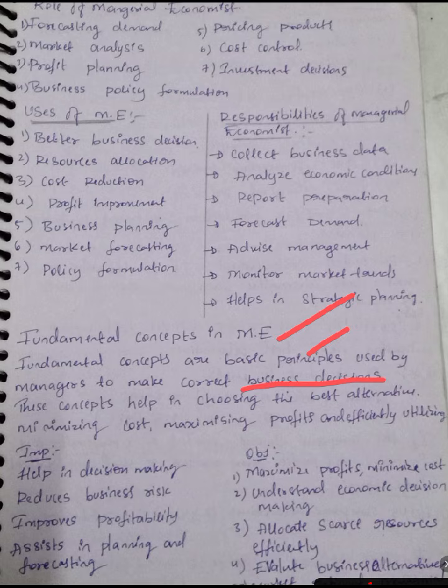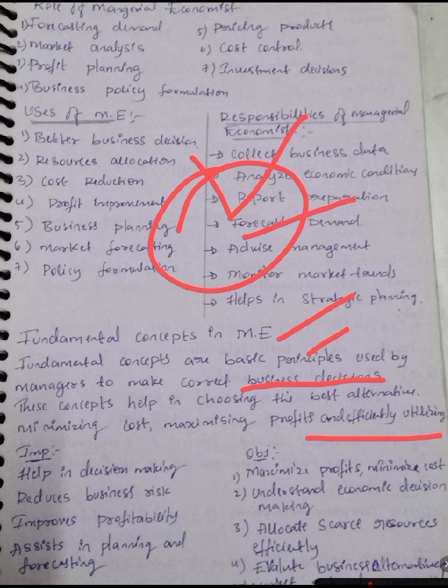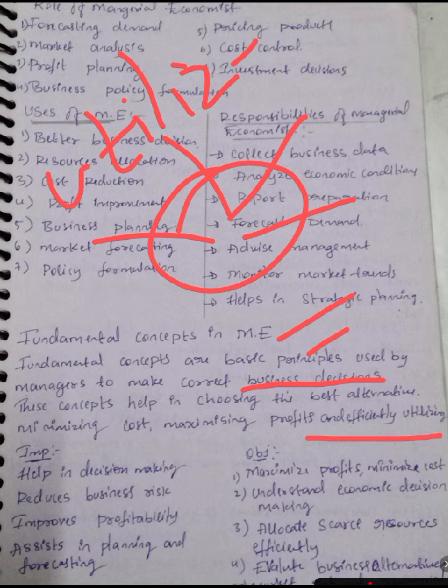These concepts help in choosing the best alternative, minimizing cost, maximizing profits, and efficiently utilizing the available resources. They have to allocate accordingly and utilize them. Utilization means usage of resources.